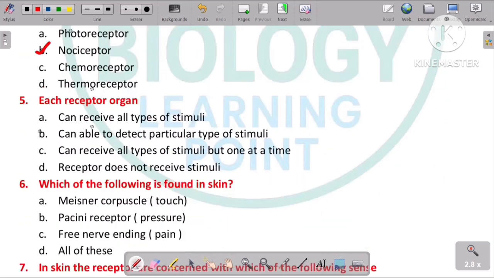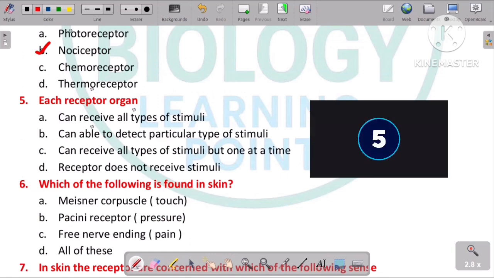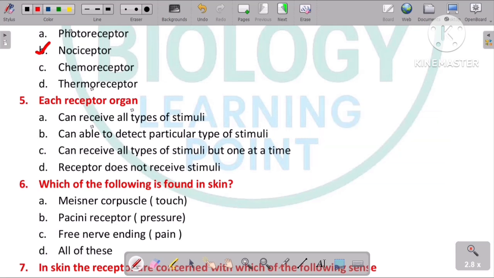So the next question is: each receptor organ... So the right option is option B, can be able to detect a particular type of stimuli.